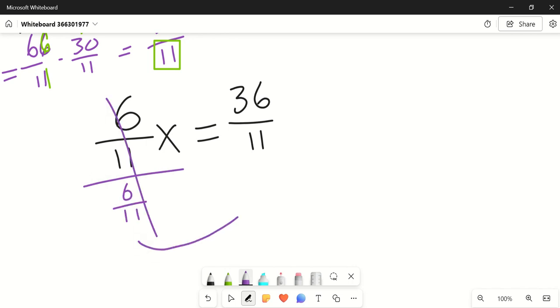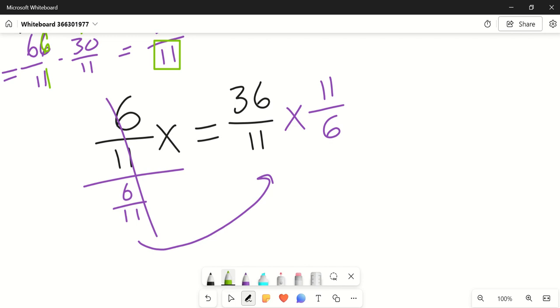And remember, I'm not going to bring it over and divide it. On the way over there, keep, switch, flip. I kept the first one. Now I'm going to switch division to become multiplication. And instead of 6/11, it will become 11/6. So x will now be whatever 36/11 times 11/6 is.